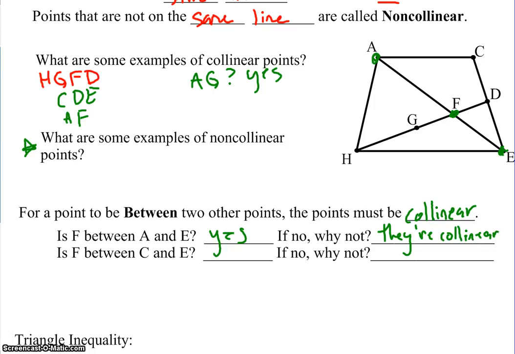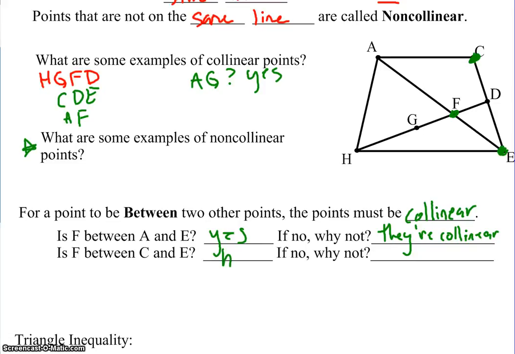Versus if you look at is F between C and E. So if I switch up A and want to talk about C, is F between C and E? No, F is not between C and E. It's kind of like somewhere there, not quite further from C, but not quite further from E. But essentially here, it's not collinear with C and E because it's not on the same line, or they're not collinear with one another.